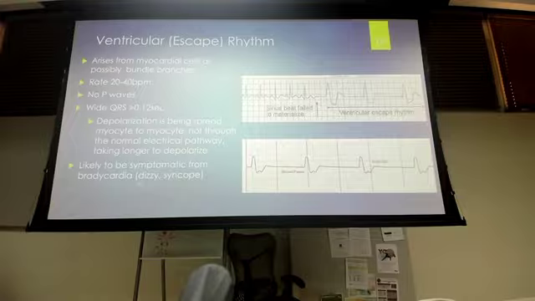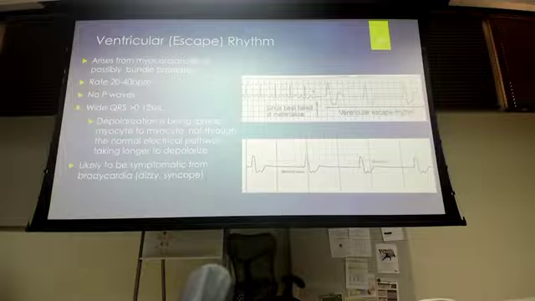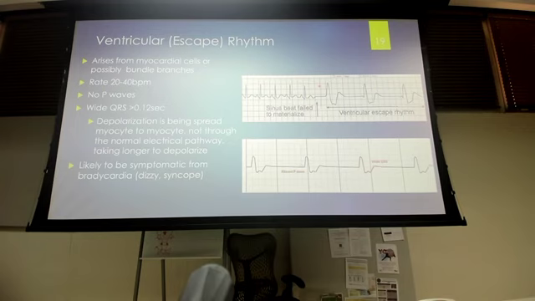So PQRS, PQRS, PQRS, and then for some reason, the SA node didn't fire, the atria didn't fire, the junctional area didn't fire, so now the ventricles took over pacemaking responsibility. We can see that that QRS complex, a depolarization, occurs later than it's supposed to. So if we measure from R to R to R to R, we would think that we would have a QRS complex about right here.